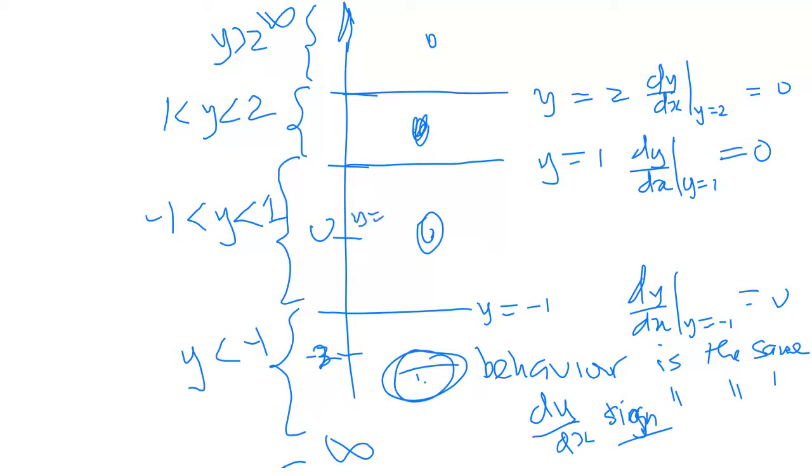Here I'll just choose y equals 0. Here I'll choose y equals 3/2. Here I'll choose y equals 3. So all I do now is take y equals 3, go back into the derivative on the right hand side, and substitute y equals 3. What is the value of the derivative at that point?